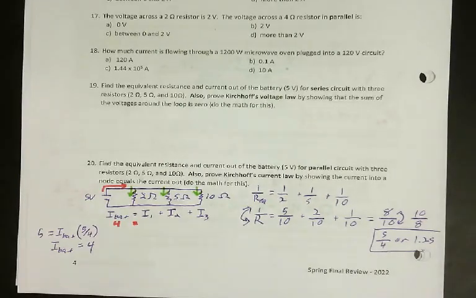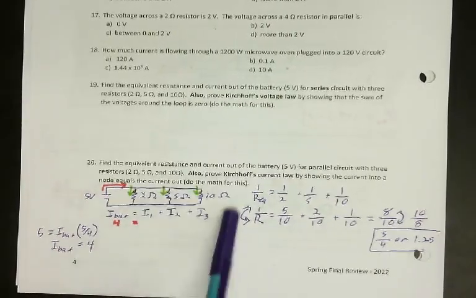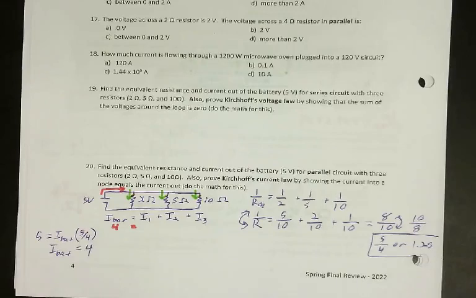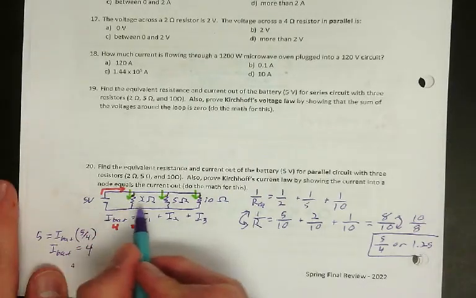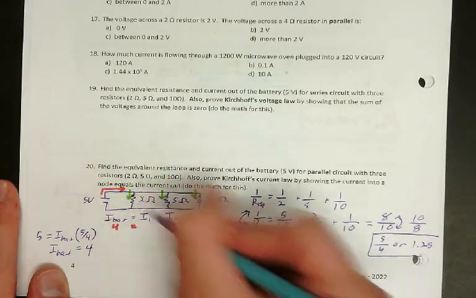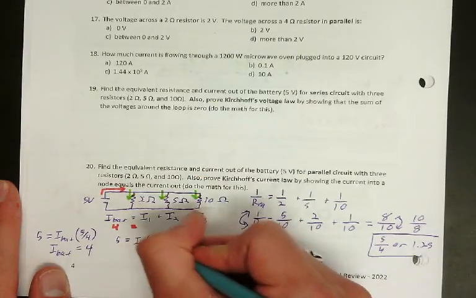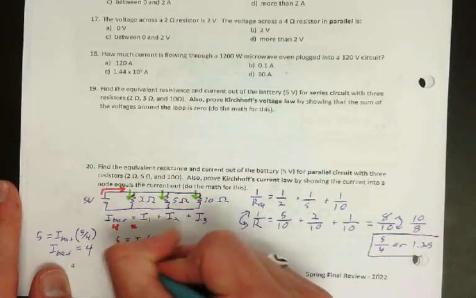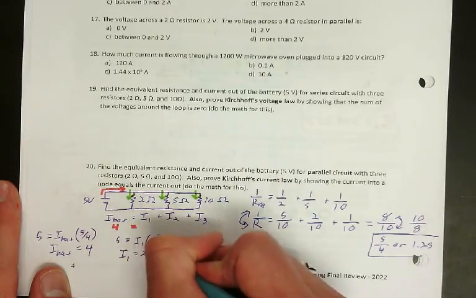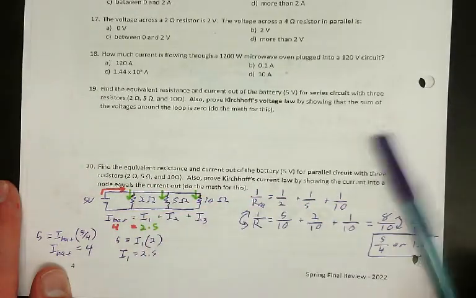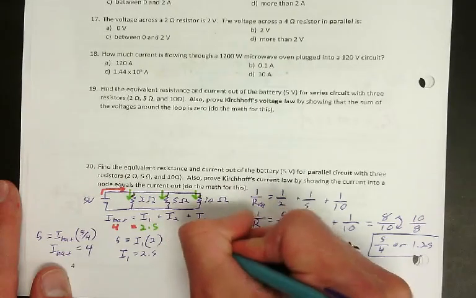I'm going to do the exact same thing for all of the other 3. So, they're in parallel. Things in parallel have the same voltage. So if the voltage is 5, the voltage is 5 for everything. So for resistor 1, we would say V equals I1 times its resistance, which is 2. So I1 is 2.5. Okay, I2, voltage is still 5.